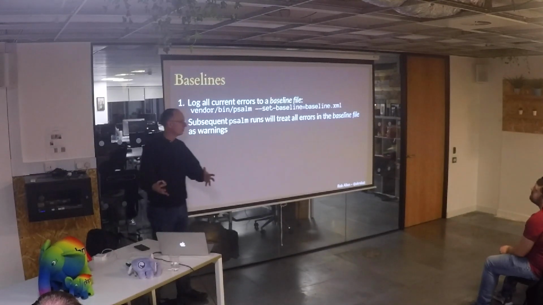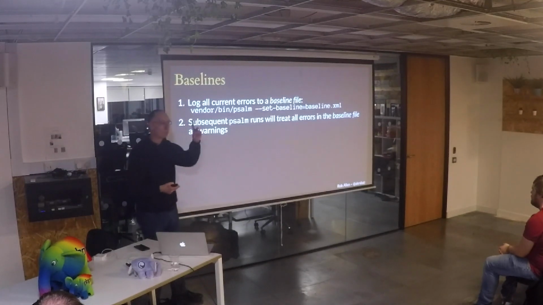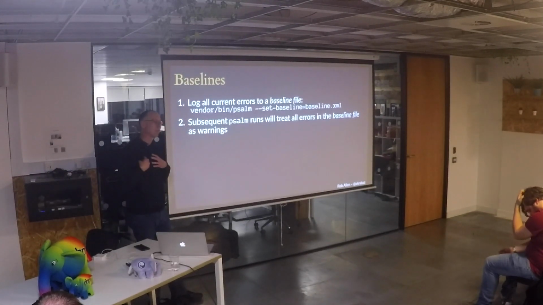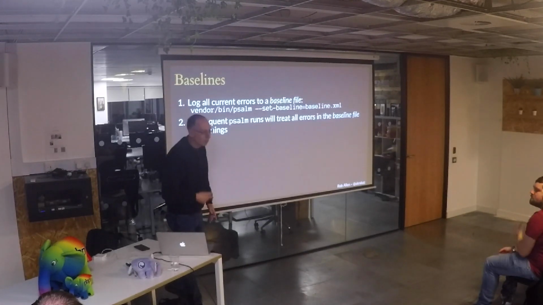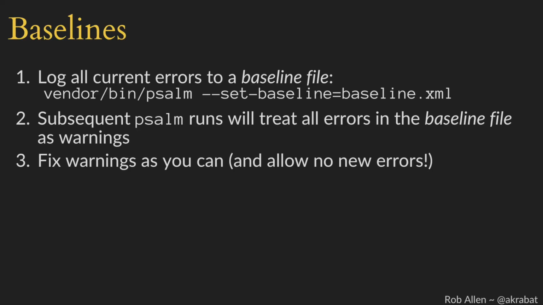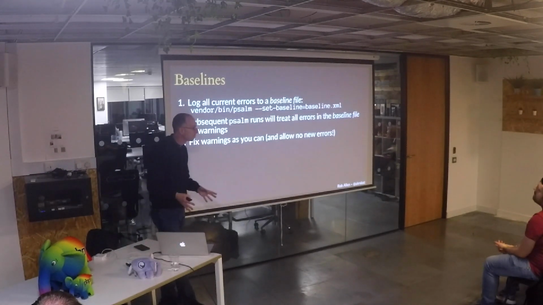So as I do a new PR, if I create an issue in that new PR, I will have one error to fix. I can fix one error in one PR. That's easy. Now, I can start fixing all those warnings. I can do it over time. Whenever I touch a particular piece of source code, I can fix the warnings related to that source code whilst I'm fixing other things in that area.